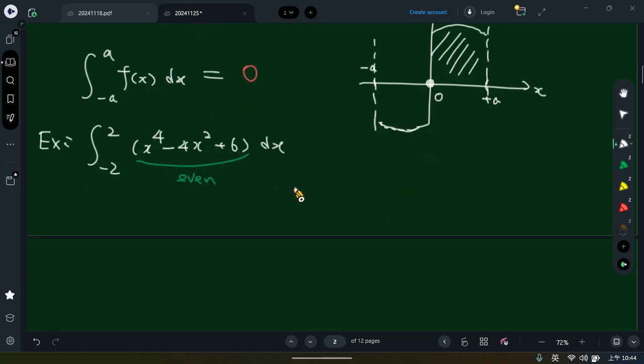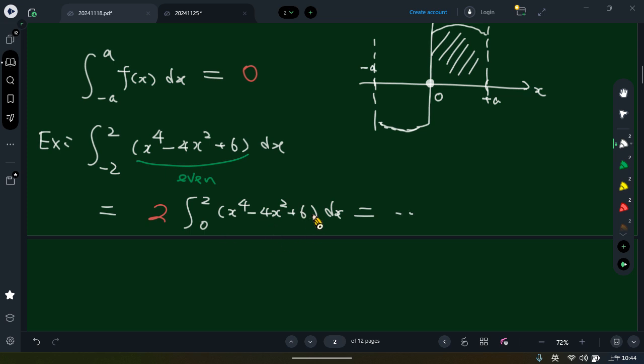So if it's even, we can just follow this rule. We can just calculate the half part, then times 2. So if you have an index from n is 0, you can see the calculation can be simplified.